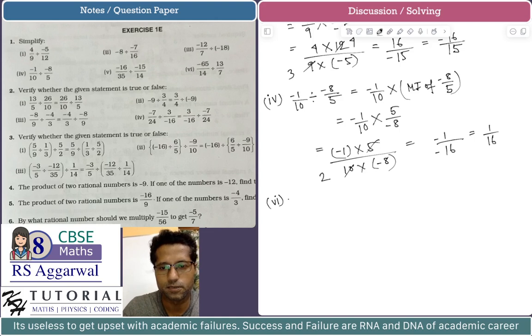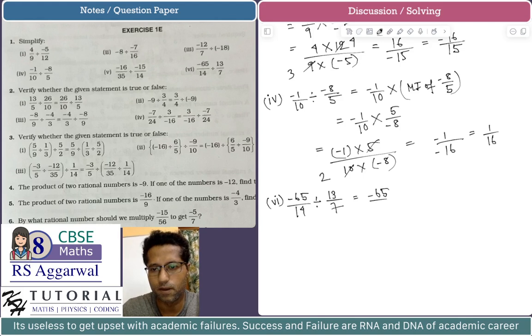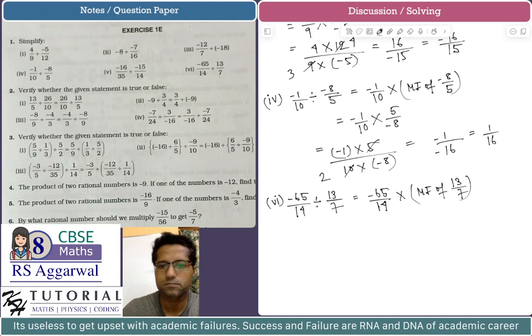Part 6 is minus 65 by 14 divided by 13 by 7. So this is equal to minus 65 by 14 multiplied by the multiplicative inverse of 13 by 7, which is 7 by 13.